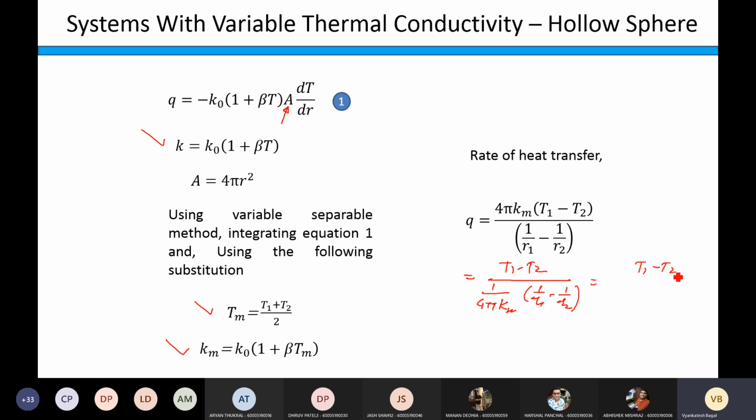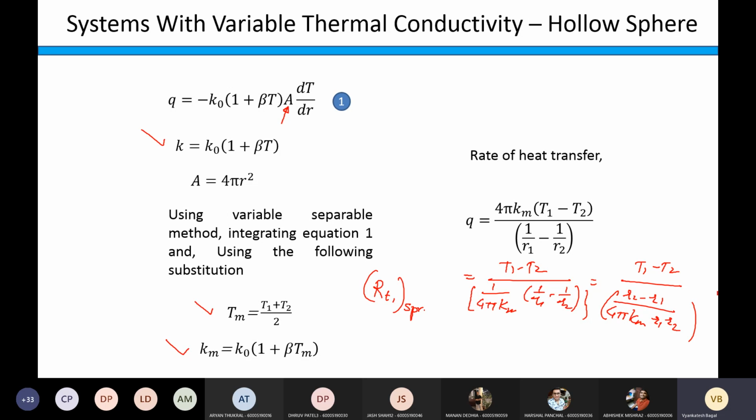Or you can write it like this, T1 minus T2 upon (R2 minus R1) upon 4 pi Km R1 R2. So this term is nothing but your thermal resistance for the spherical system, right?